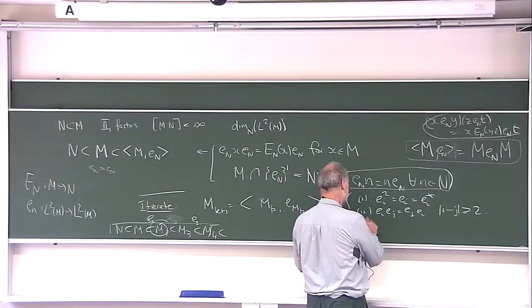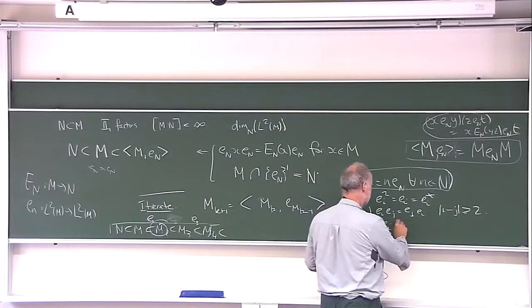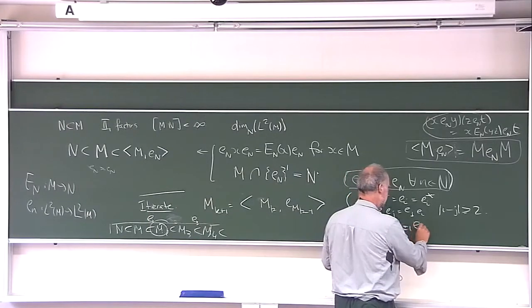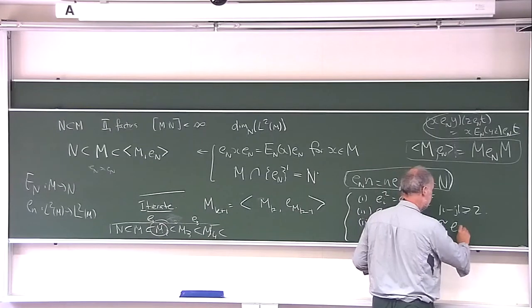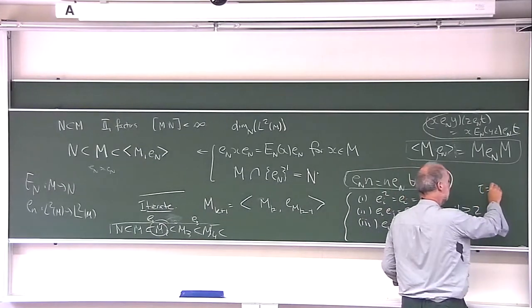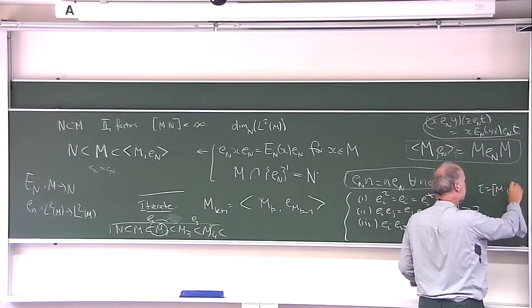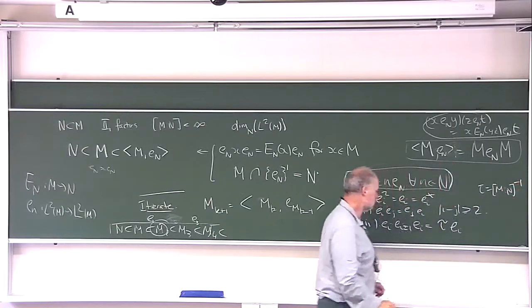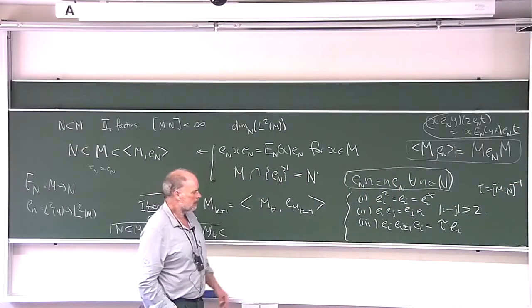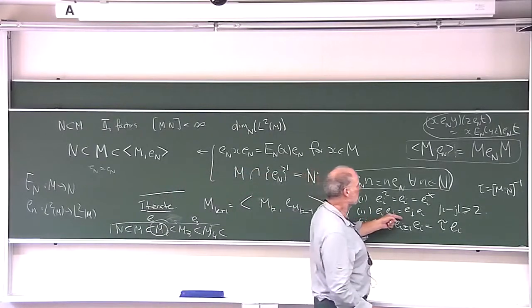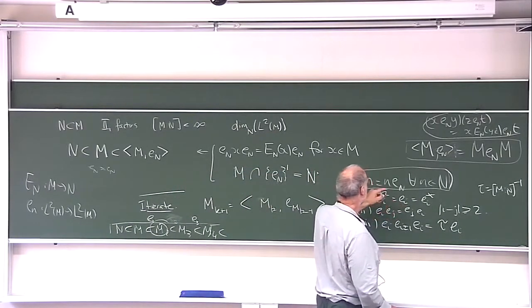And the third one is E_i E_{i±1} E_i = tau E_i. I'm going to introduce this number tau, and tau is the inverse of the index. If you think about it, this follows immediately from these relations.